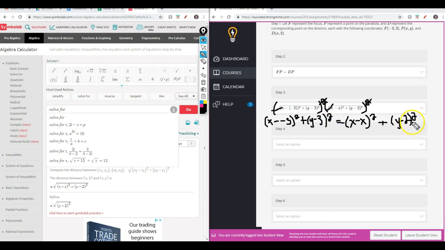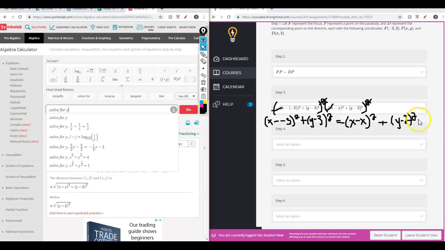This will give us a y squared, and this will give us a y squared. So those y squareds will reduce out later, and so we know we're solving for a y. Again, to summarize, x minus x reduces down to 0. That means I'm solving for a y.